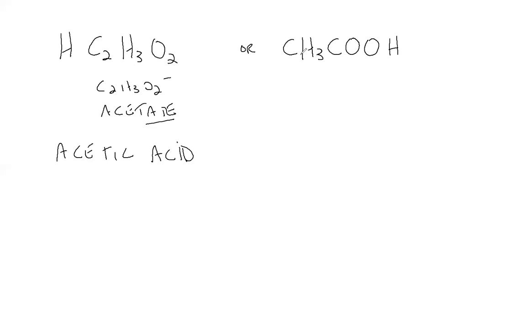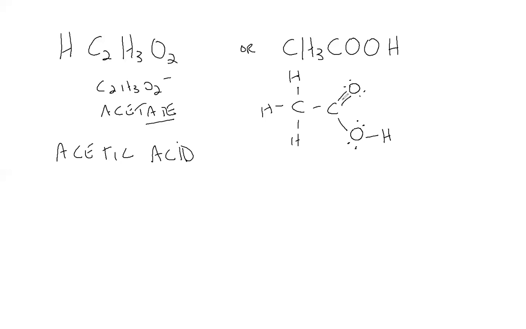But this is written to show the structure of the acid. So we have a carbon that's covalently bonded to 3 hydrogens. Then that carbon is bonded to another carbon. Carbon always likes to bond to carbon. And then the carbon is bonded to 2 oxygens. And one of those oxygens is bonded to a hydrogen. The single oxygen gets a double bond, lone pairs of electrons.